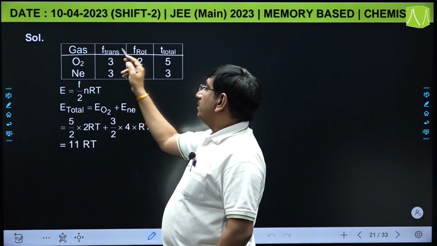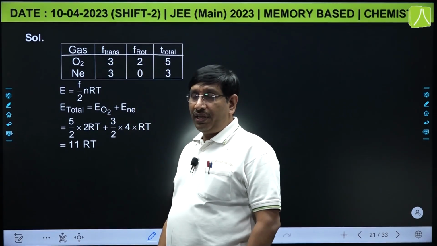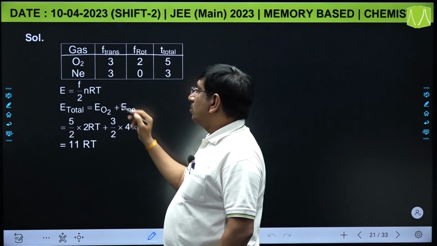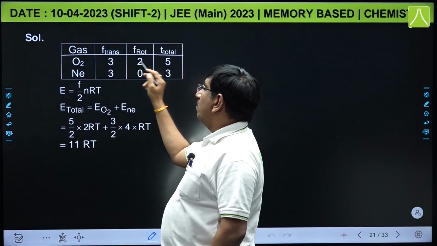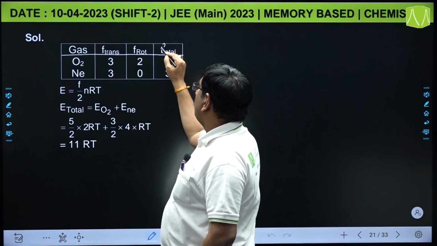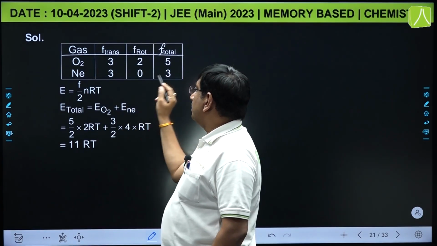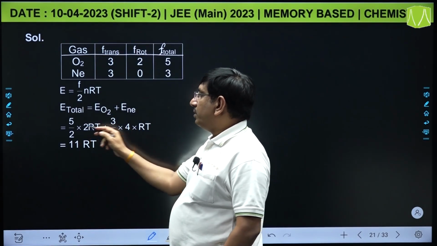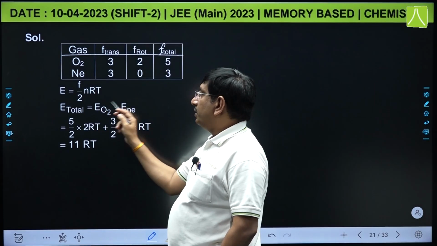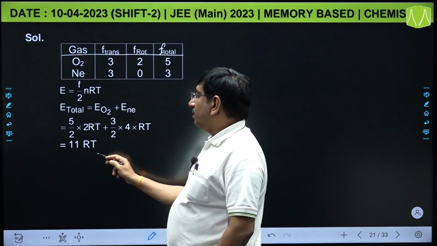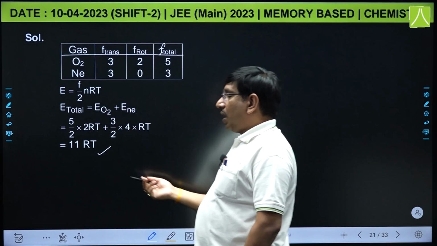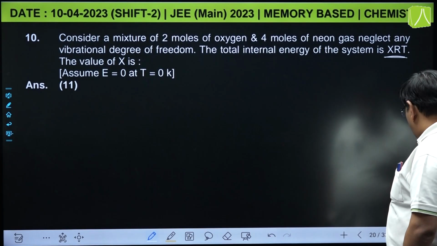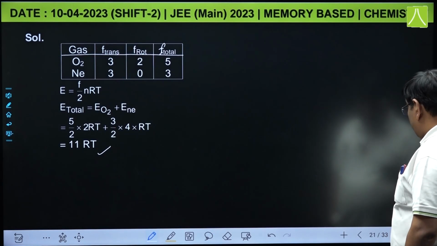Here the degrees of freedom for O2 and neon gas are 5 and 3. Now, if you calculate the total internal energy by putting these degrees of freedom, you will get 11 RT. So, the answer is 11 because it is given as XRT and here X can be 11.